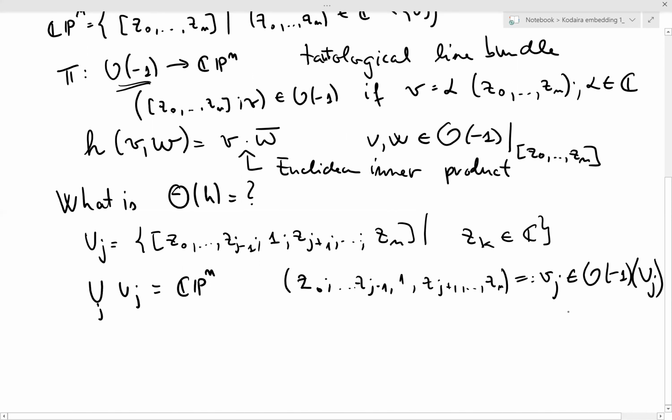For those, I need to compute what h_j is. h_j is nothing but the length squared of V_j.